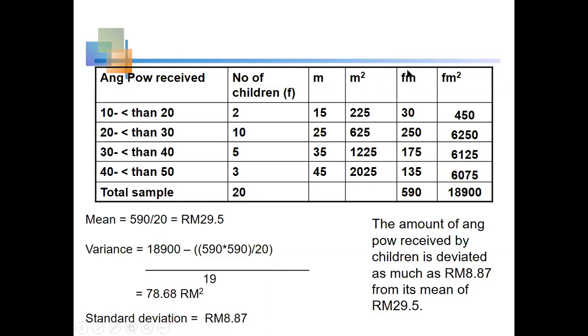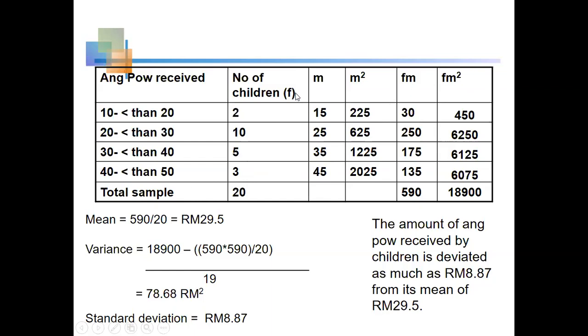Then in your formula, we also have frequency times midpoint, which is to calculate our mean. So 2 times 15 is 30, 10 times 25 is 250, 5 times 35 is 175, and 3 times 45 is 135. So the total will be 590.